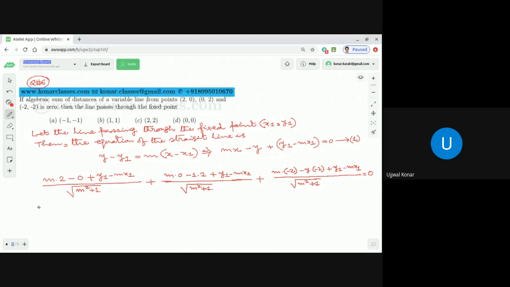If we start simplifying it, square root of m square plus 1 should be the LCM in the denominator, which will eventually go to the right hand side, get multiplied with 0 and get 0. So what we get here is 2m plus y minus m into x1 minus 2, plus y1 minus mx1.